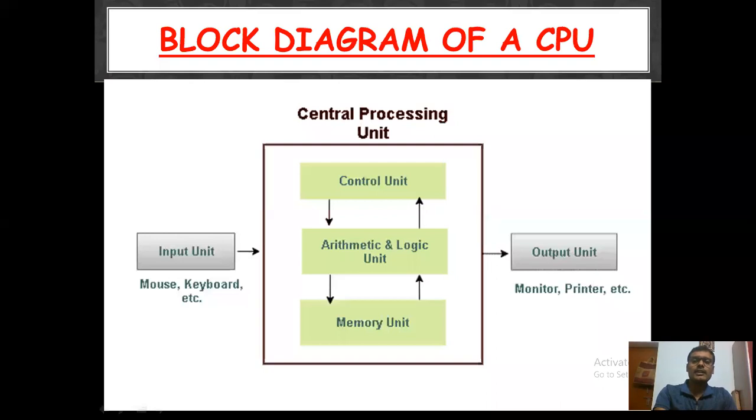As you can see in the block diagram of the CPU, first it takes input from the input unit like keyboard or mouse, then the CPU does all the processing work. It processes the data inside the CPU and then it gives the result to the output unit. So in this way it works.